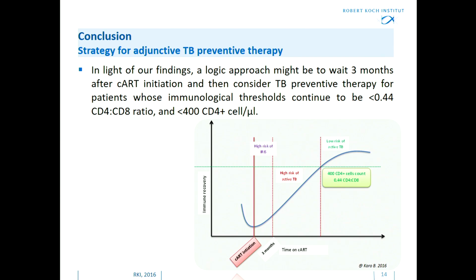After those 3 months, we could consider preventive therapy for patients who remain under 400 CD4 cell count and under 0.44 CD4/CD8 ratio. Some patients, fortunately, reach this exactly after the 3 months. Some patients remain under this protective threshold for a long time, which puts them at higher risk for tuberculosis.